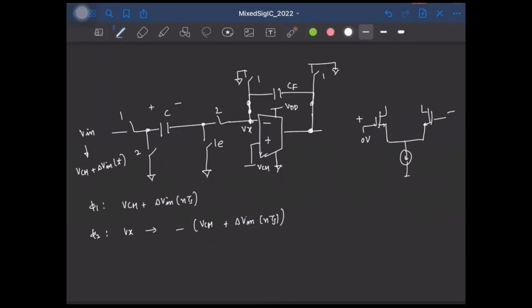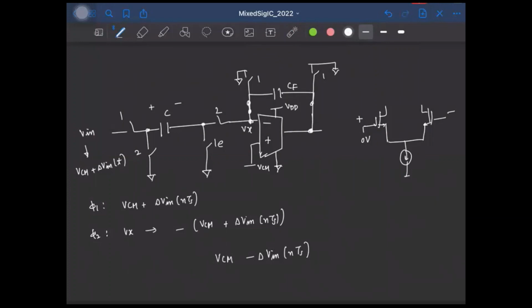So this is something we do not want. So what voltage do we want this to jump to? Well, notice that the actual input is simply delta Vin of t, right? So all we want is that the virtual ground voltage should jump by an amount proportional to this delta V. So in principle, we want the virtual ground voltage to jump to minus delta Vin of nTs, and it should be raised above a common mode voltage, right?